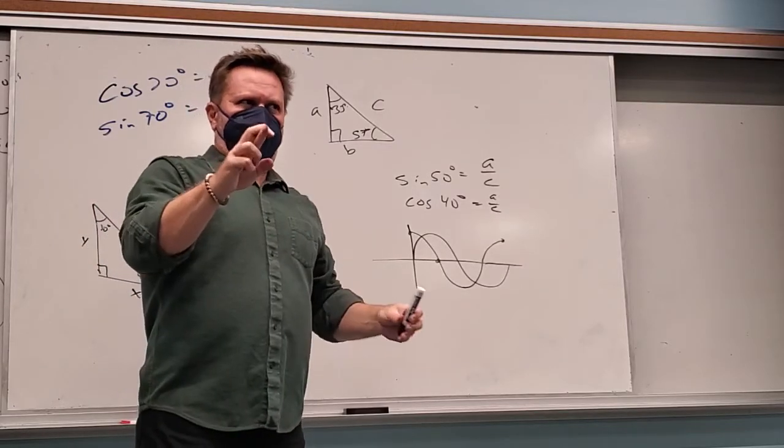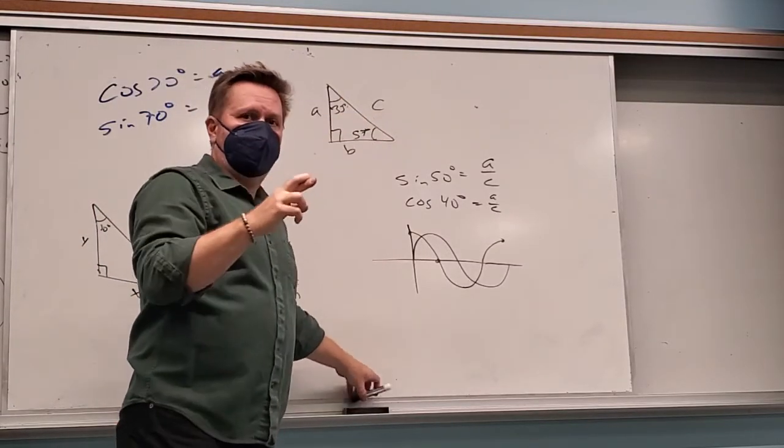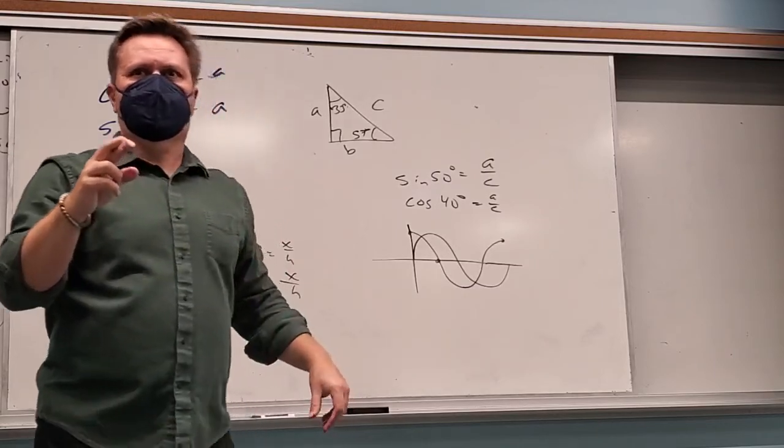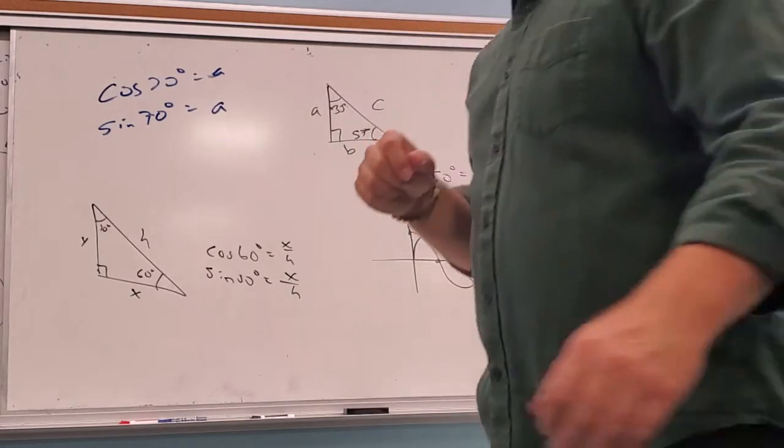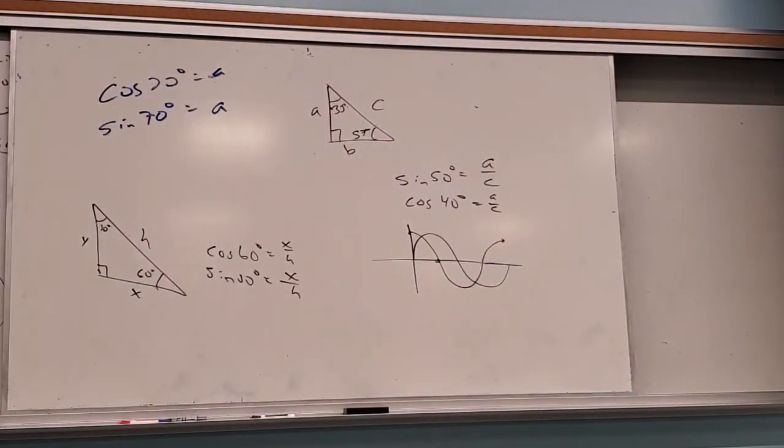That's why this complementary angle idea works. Here it is: cofunctional identities. Everything's offset by 90 degrees from everybody else.